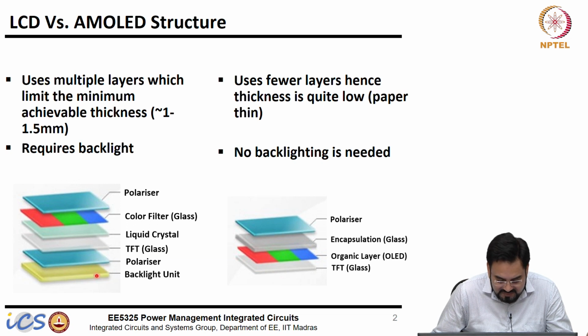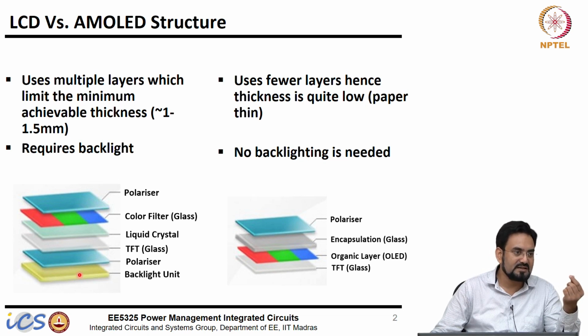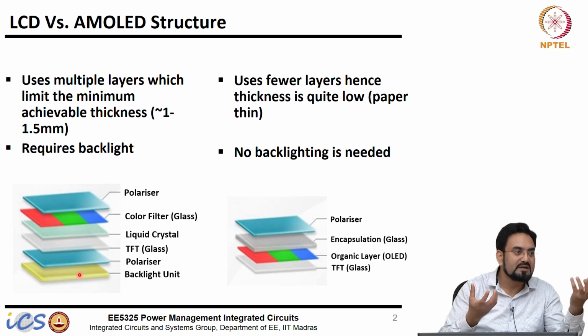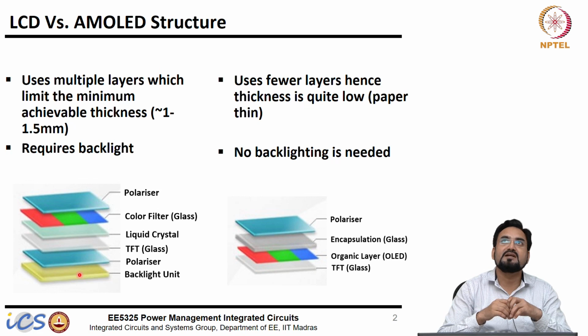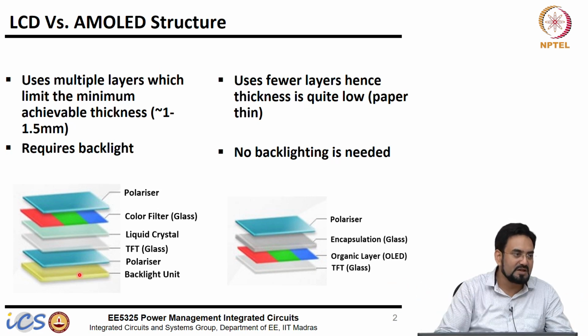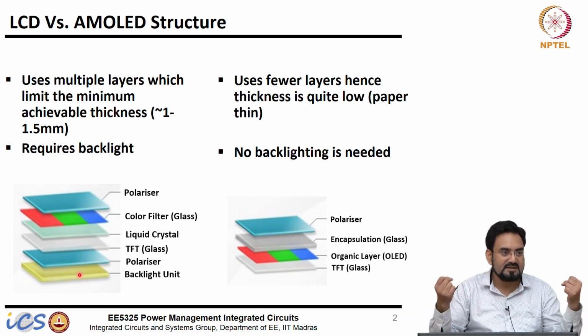And there is one more layer which is not shown here. After the backlight, as part of the backlight itself, you have what is called a diffuser. Your LEDs are more like a spotlight, but we require a uniform distribution of the light in the display, just like your tube light and bulb. In a tube light, the whole tube is nothing but a diffuser, but inside it you will find the bulb. The outer cylindrical layer acts as a diffuser, and the same thing happens here.